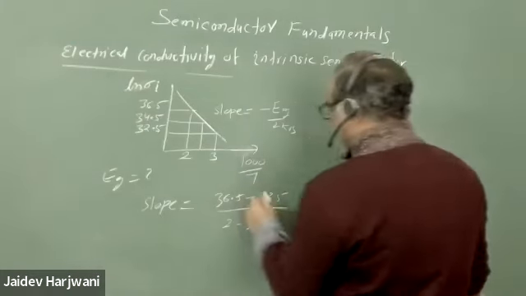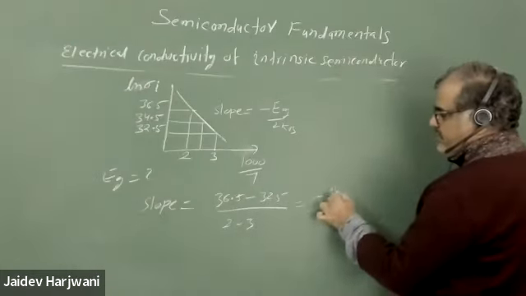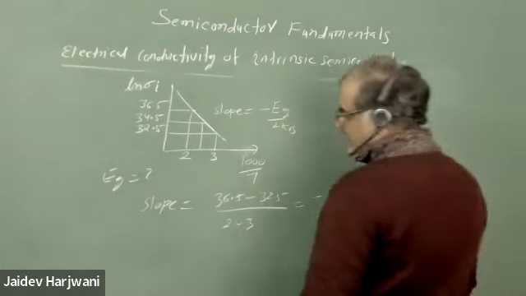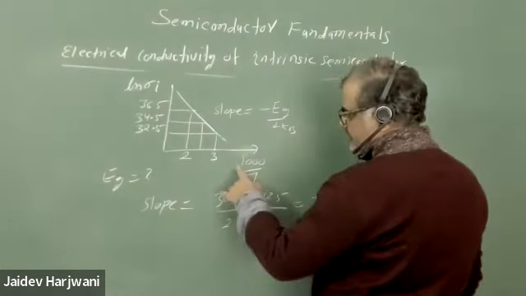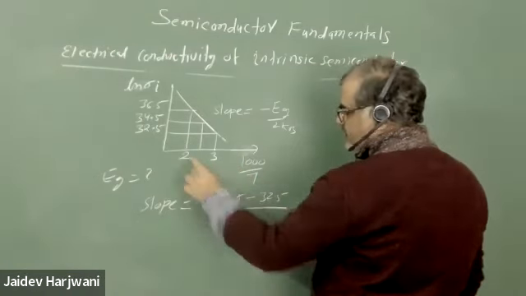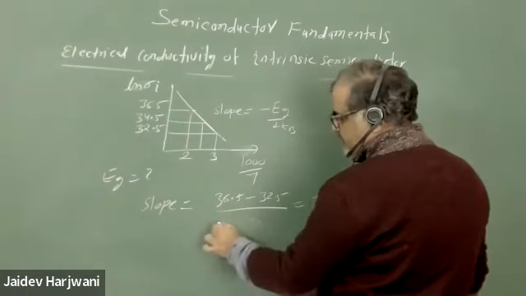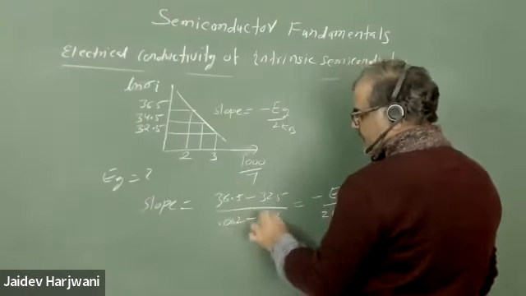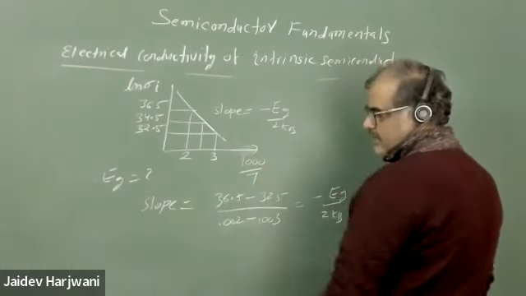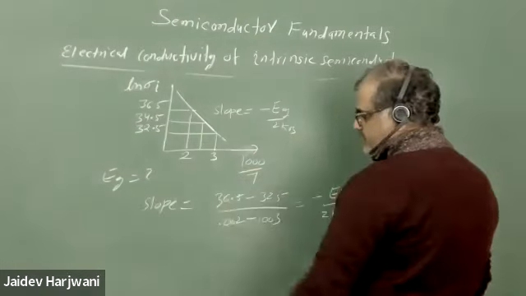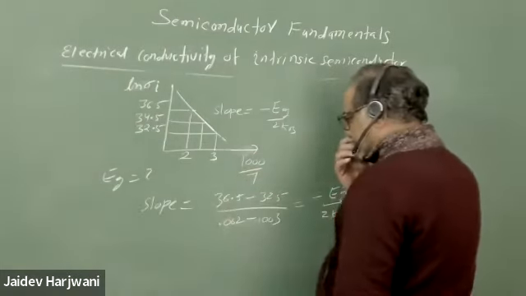So this slope comes negative, and it should equal minus Eg upon 2 kB. Here the scale is 1000 by T, so this is not 1 by T: these are 0.002 and 0.003, because the scale is multiplied by 1000.